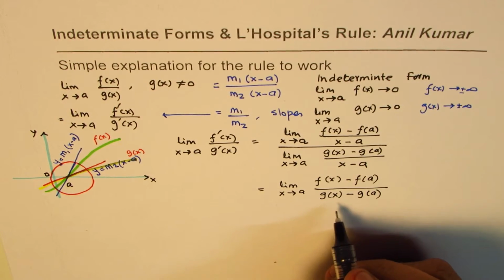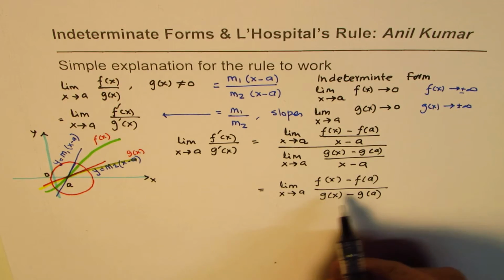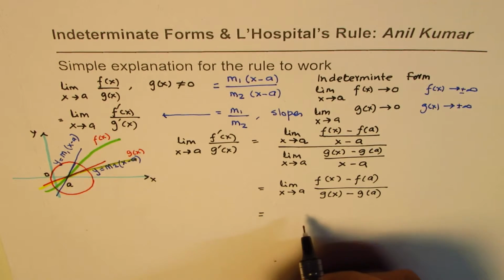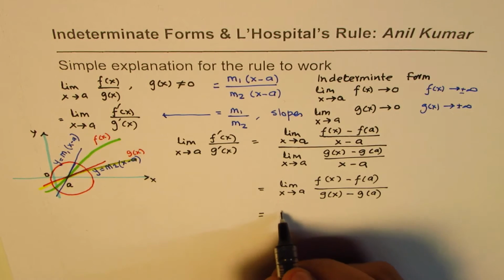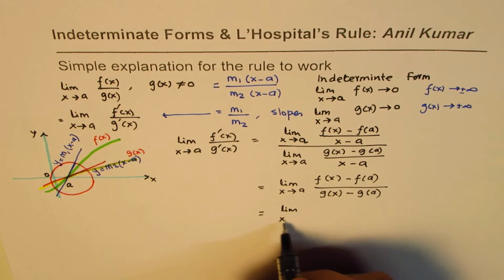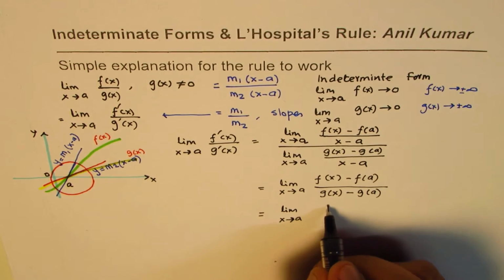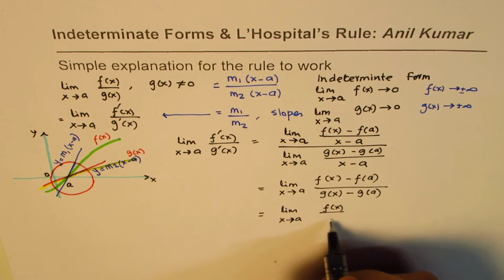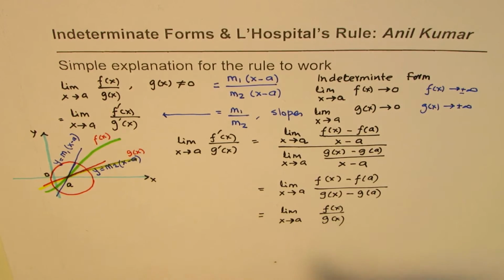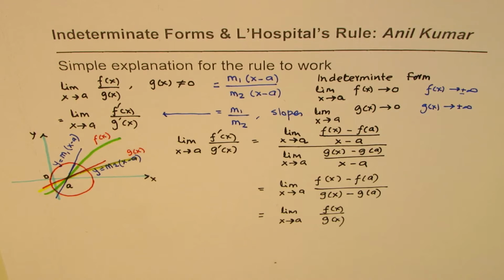And that limit can be written as the limit as x approaches a of f of x over g of x. So that is how you can derive this expression algebraically also.